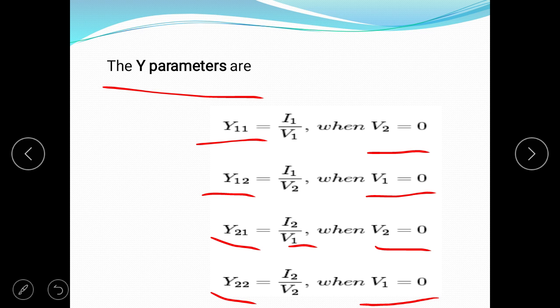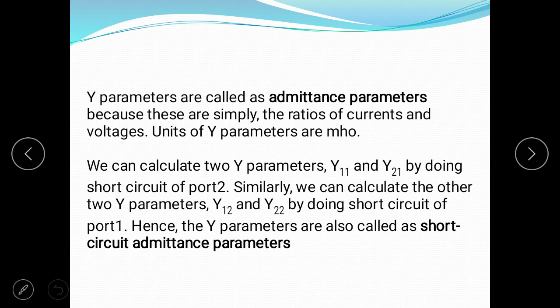Simply it means that when we calculate the Y parameters, the other port terminals are short circuited, due to which these are known as admittance parameters or short circuit parameters. Y parameters are admittance parameters because they are simply the ratio of current and voltage, and the unit of Y parameters is mho.